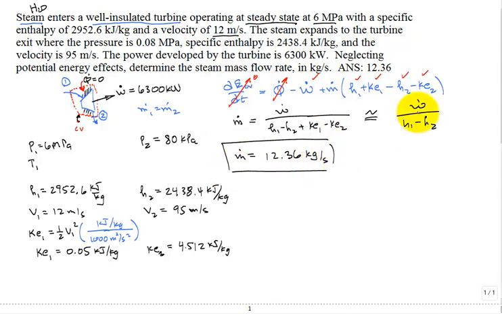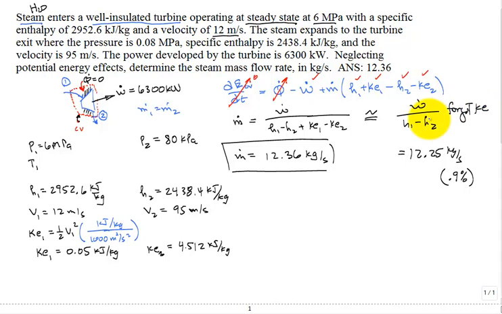But if you made this error and neglected the kinetic energy, you would calculate that mdot is equal to 12.25 kilograms per second. You would say, isn't that close? It is very close. It's less than 1% error, like 0.9% difference between these two.